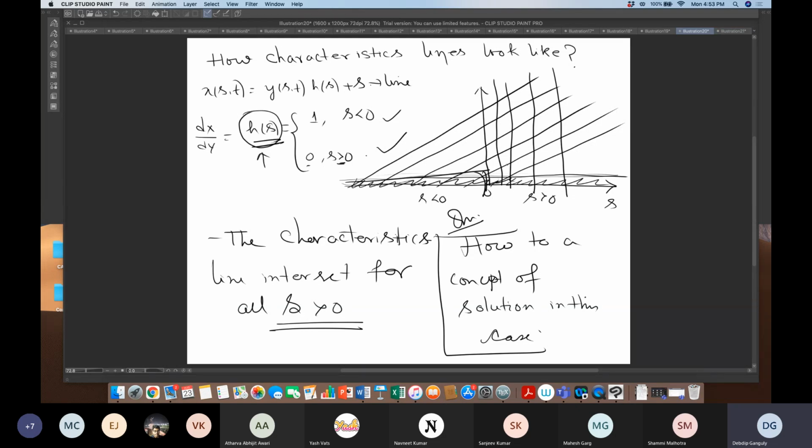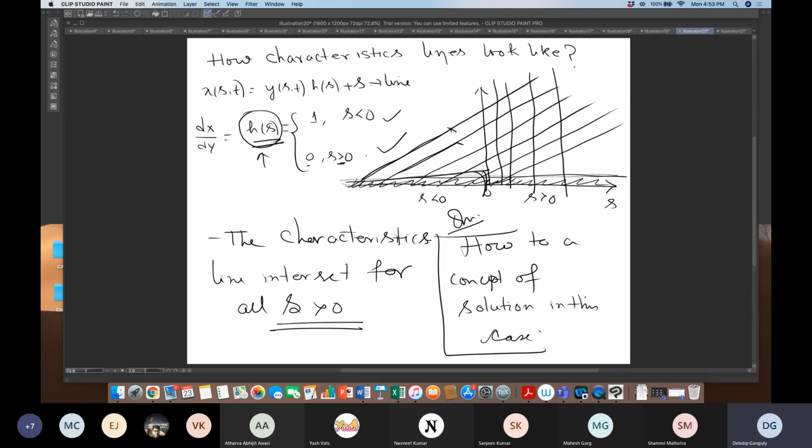But when S is greater than 0, you don't have a solution because it intersects. You understand? So locally, again, for S less than 0, you have a solution. Is it okay? Yes, sir. Because any solution here in this quadrant, you have a solution.